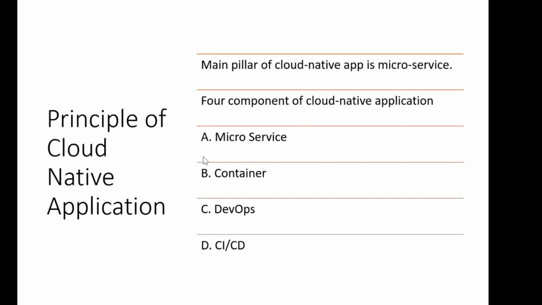Container, we always use container as microservice. We want to deploy containerized microservice inside a server. And that container we create with the help of Docker. DevOps is a culture that we follow. Using DevOps culture, we use CI/CD pipeline to deploy our code.